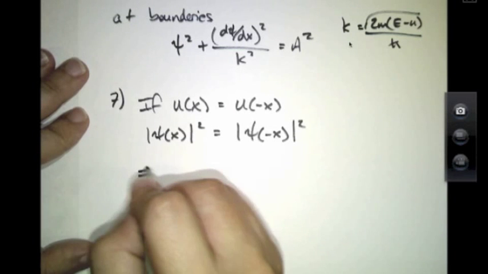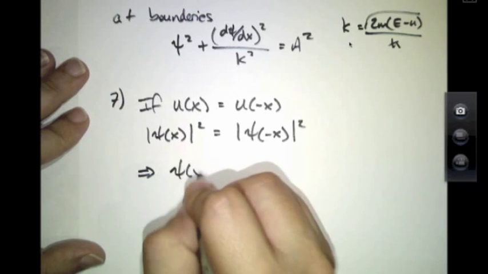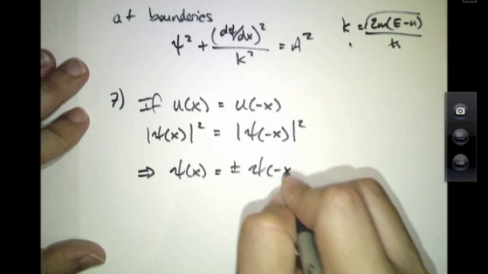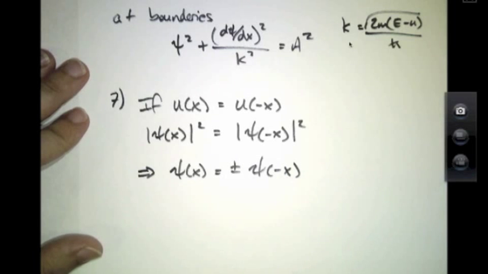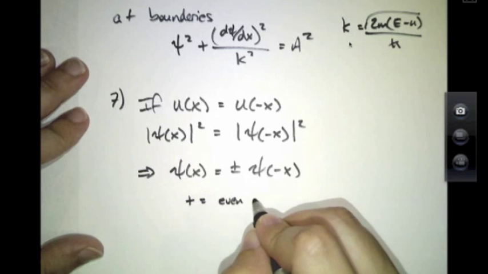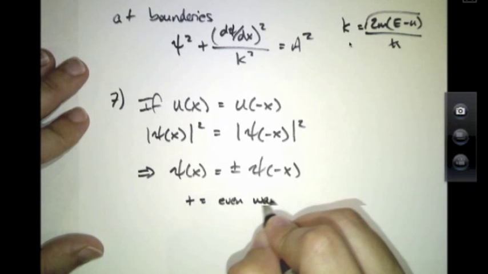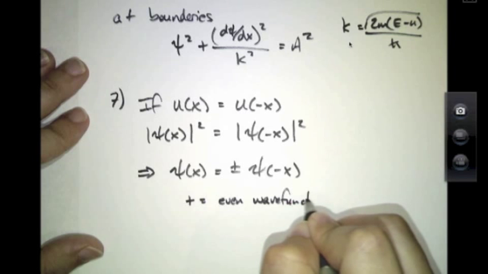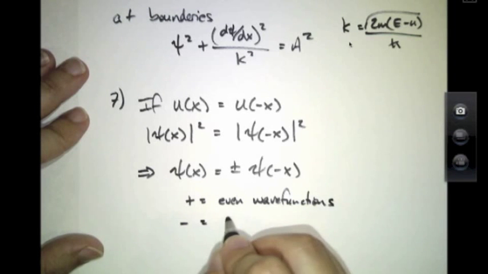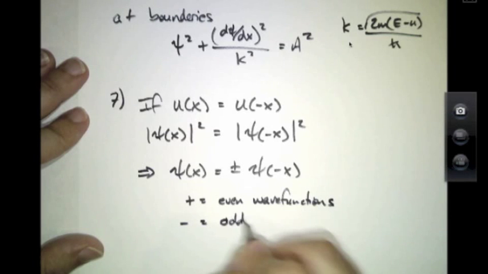But this means I actually have two possibilities for the wave function itself. Because when I take the square root, I'll have a plus or a minus sign there. If it's a plus sign, these are called even wave functions. If it's a minus sign, these are referred to as odd wave functions.